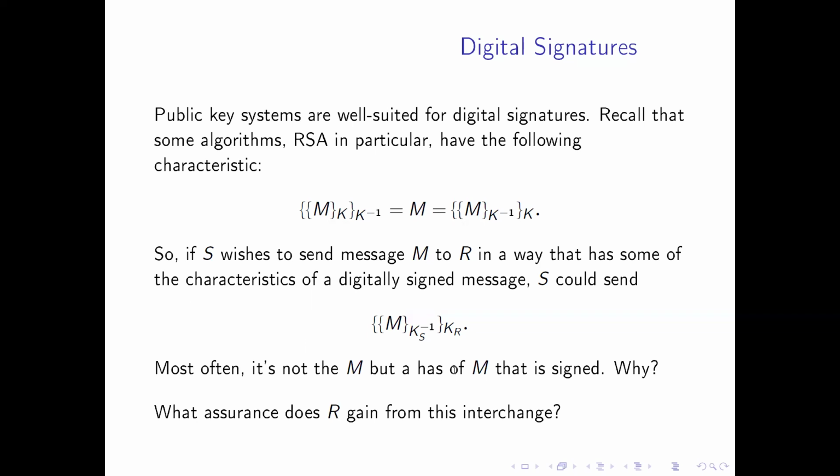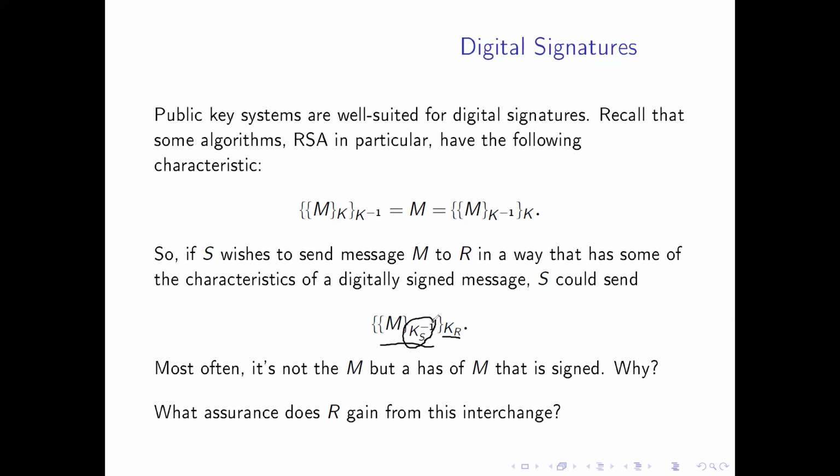The other thing, though, is the assurance. What does this give R from this exchange? Well, let's think about it. The only way to undo their key is themselves. So they can know that unless someone else has their private key, they can't unlock to get into this interior message. However, this was using my private key.